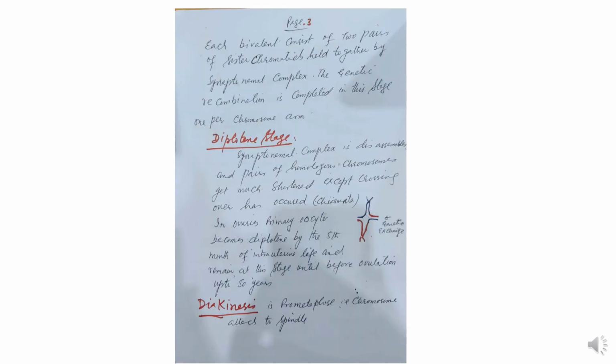Each bivalent consists of two pairs of sister chromatids held together by the synaptonemal complex. Genetic recombination is completed in this stage.